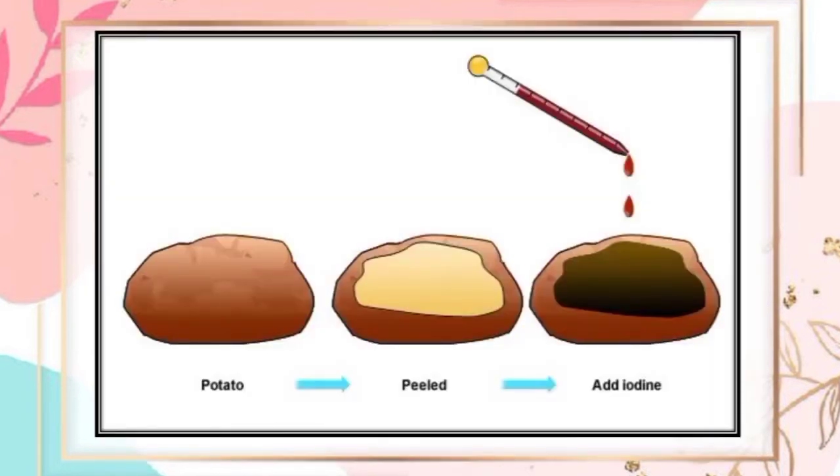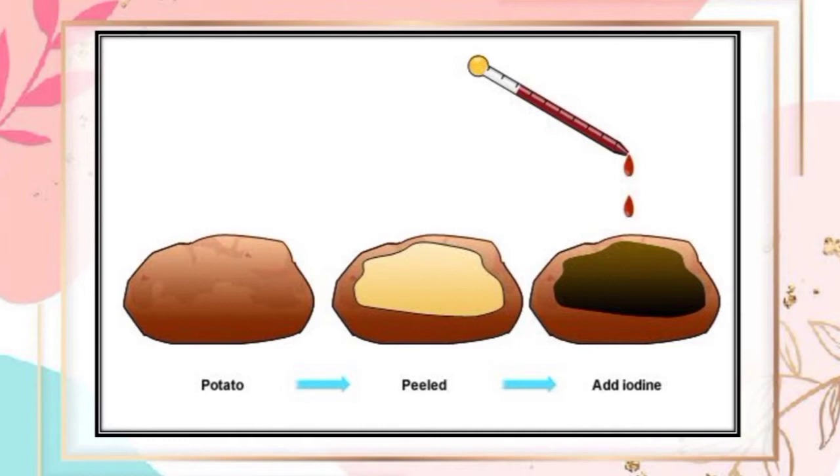Now let's understand an experiment. Aim is to test for starch. Things needed are a potato, a dropper, and iodine solution. Method: first step, slice a potato into two.